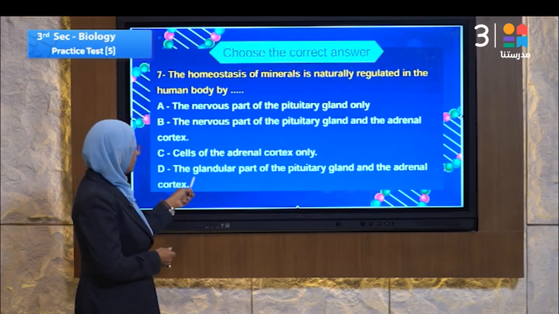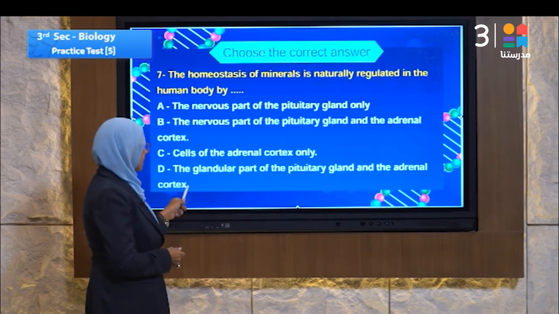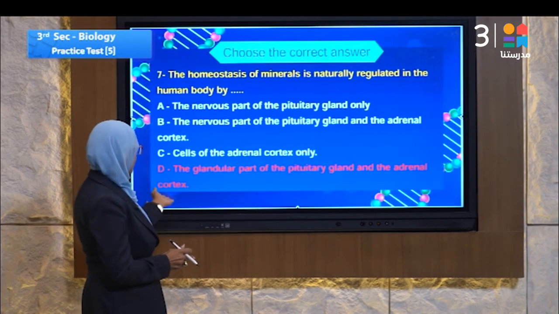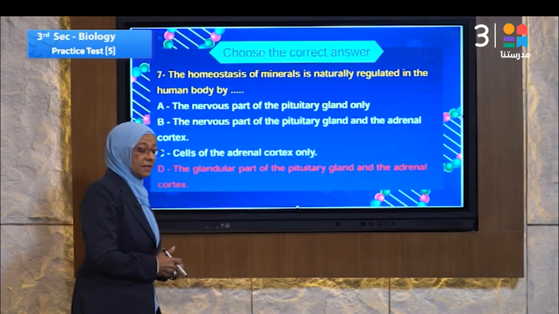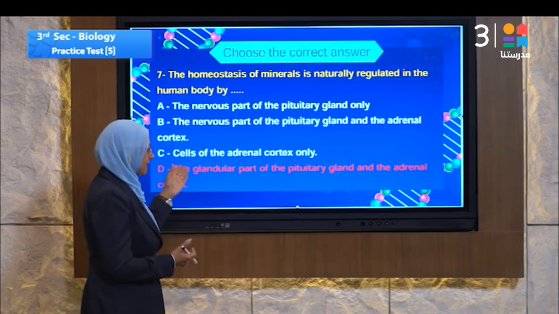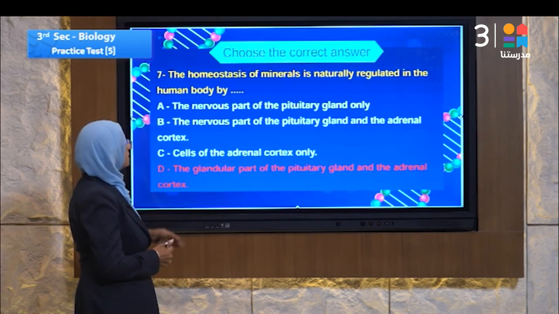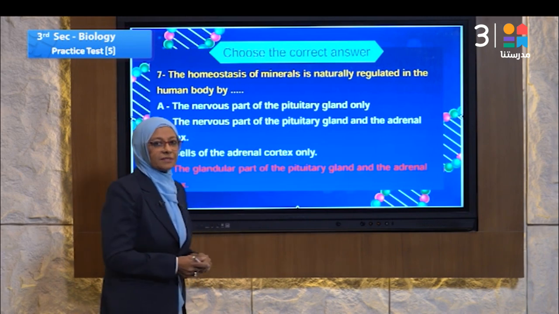D, the glandular part of the pituitary gland and the adrenal cortex. It must be 2 hormones. One of them is secreted by the glandular part of the pituitary gland and the other is stimulated by it to make the hormone in the adrenal cortex to regulate the minerals inside the body.